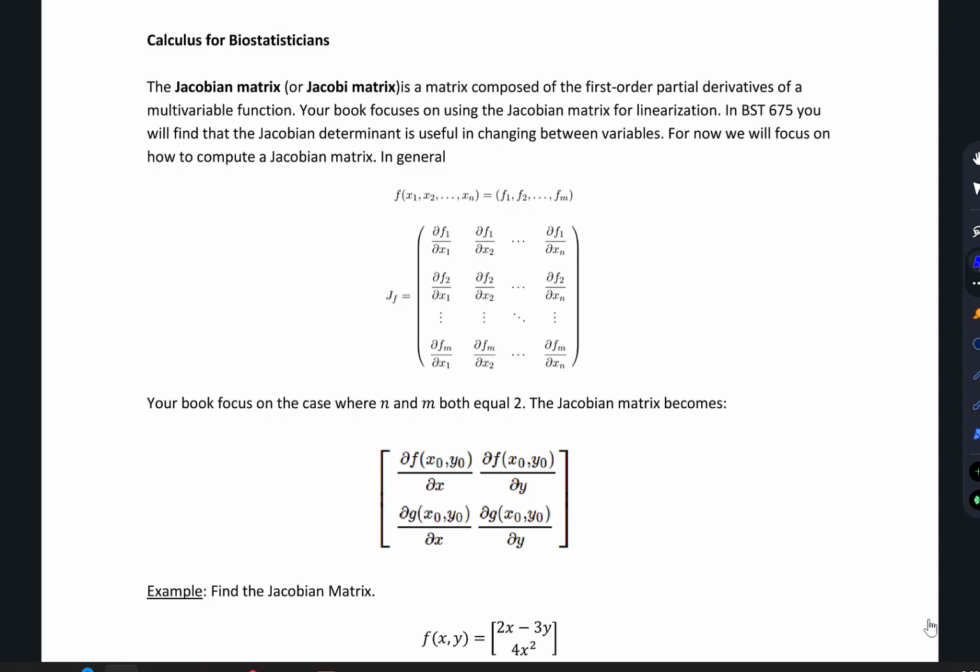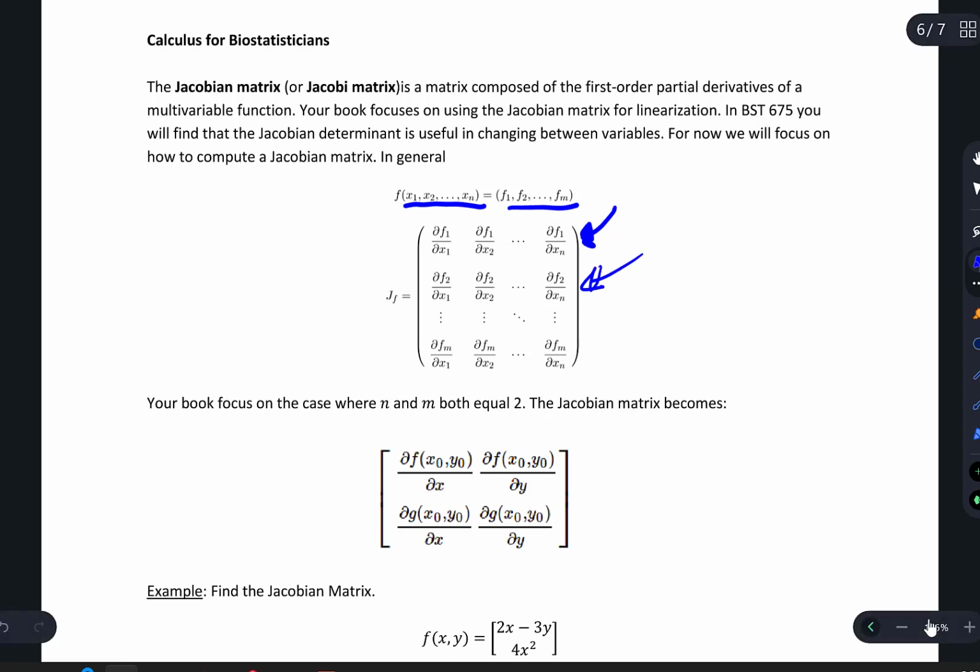And so in general, if we have a function that has n inputs and m outputs, this is what the Jacobian matrix would look like. And so essentially what it's doing is in this first row, for the first function that's listed, you'll take the partial derivative with respect to all the variables.